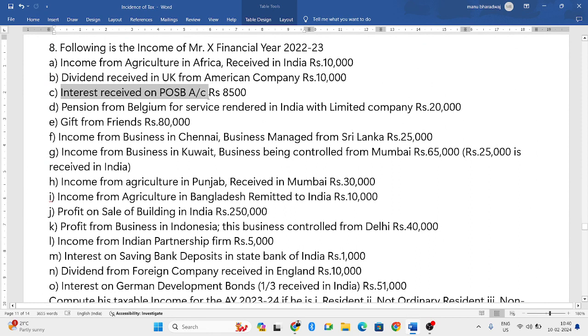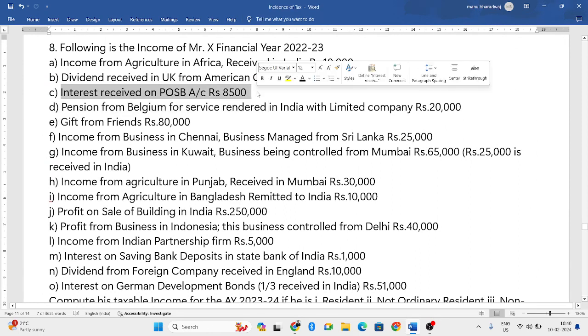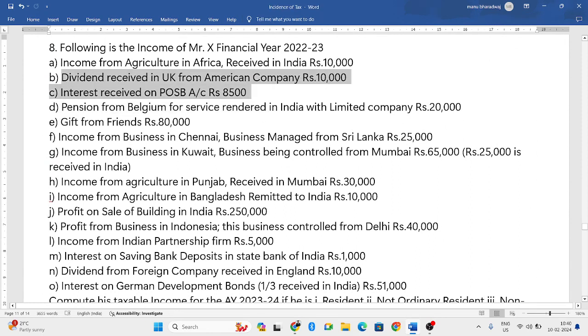Interest received on post office savings bank account. As you are aware, in my part 1 video I have told that on post office savings bank, whatever interest you get on that savings amount, if you are a single account holder, you get the exemption up to 3,500 rupees. So here you are receiving interest of 8,500, out of which 3,500 you will get as exemption. The remaining 5,000 rupees will be taxable.